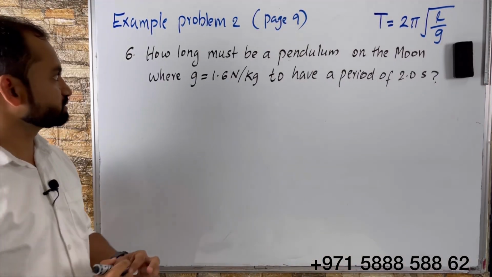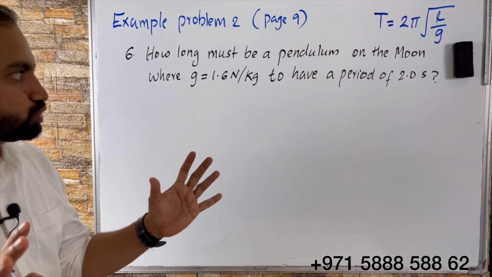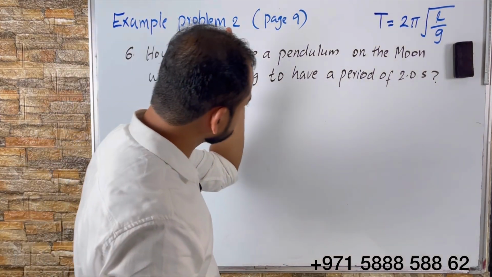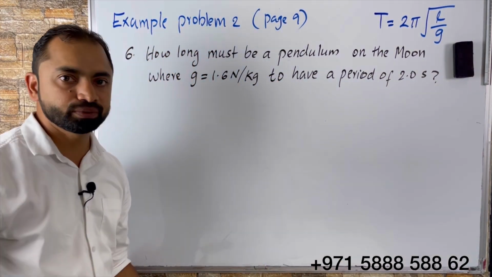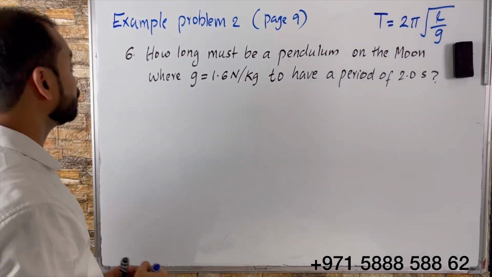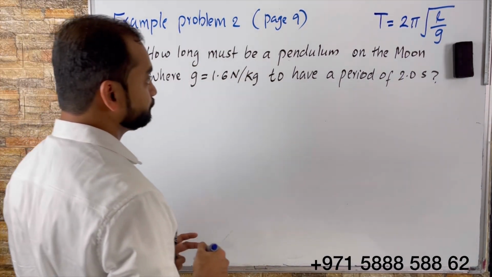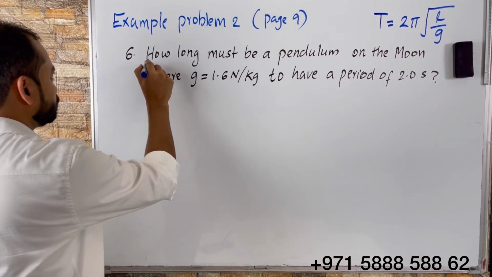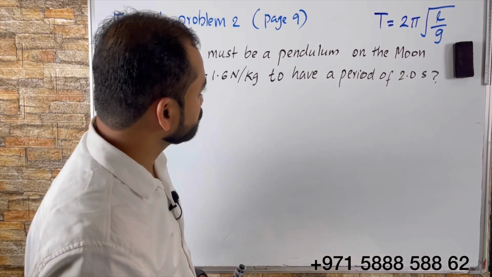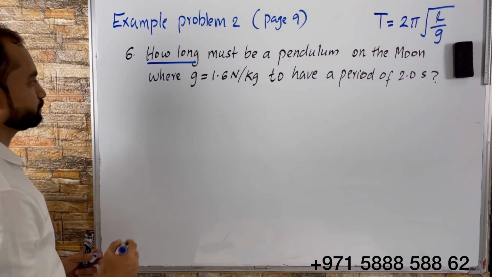Question number 6. How long must a pendulum be on the moon, where G equals 1.6 Newton per kilogram, to have a period of 2 seconds, right? So what is given in this question? How long must a pendulum be on the moon means the length of the pendulum, right?